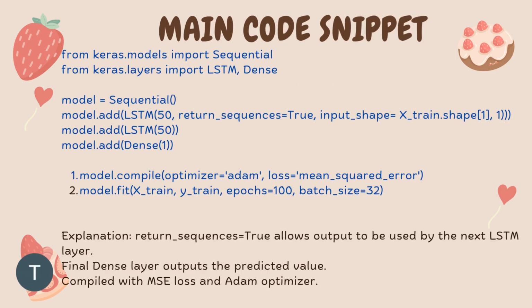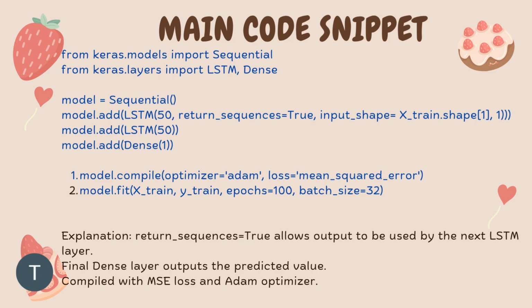Now here we can see the main code snippet, where from Keras models they imported the Sequential model, and from Keras layers they imported LSTM and Dense layers. Here we can see that they added the LSTM and the Dense layers, and here in model compile, it compiles with Adam as the optimizer and mean squared error (MSE) as the loss, and the model fit they used takes the training data, the epochs and the batch size.